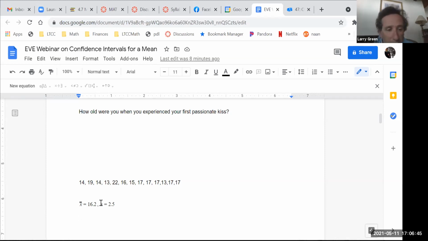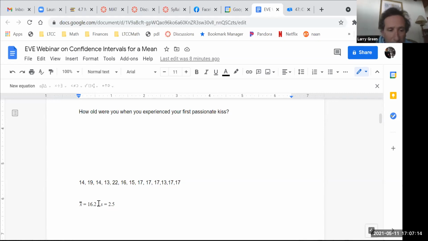Now that we know our sample mean 16.2, that's our best guess. It doesn't mean it is 16.2. But do you think it is likely or unlikely for the average age to be less than 12, given that we got 16.2 from this sample? We're going to assume it was a random enough sample.